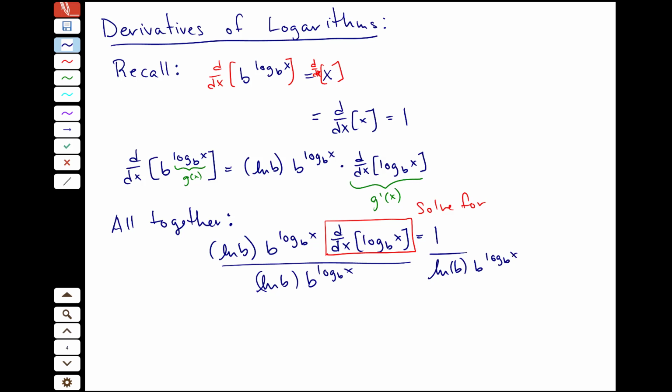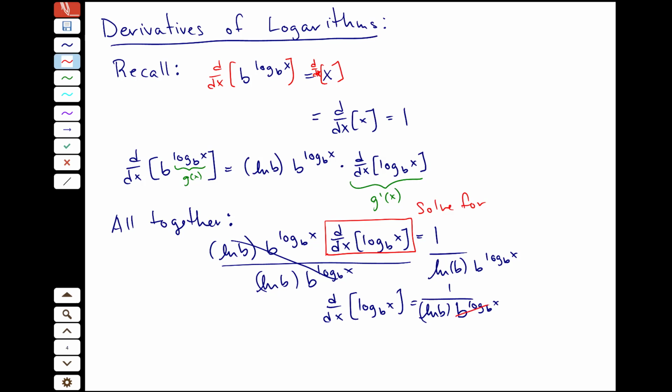So all in all, and these cancel out, I get that the derivative of log base b of x is 1 over the natural log of b times b to the log base b of x. Now again, remember back at the beginning, this b to the log base b of x was a silly way of just writing x.